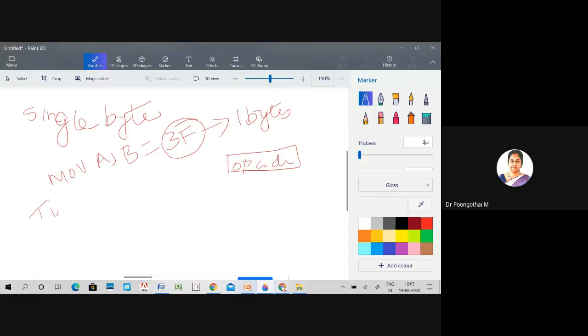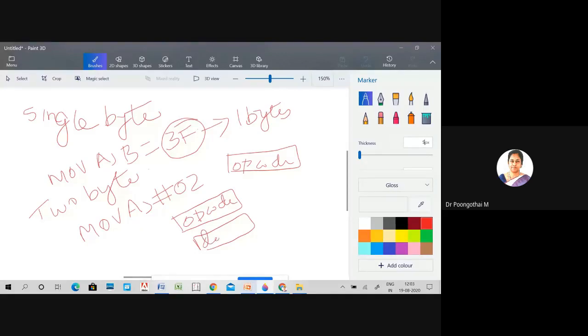Okay. 2-byte instructions. Move A comma hash 02. So here opcode 1 byte, data 1 byte. So total 2 bytes.